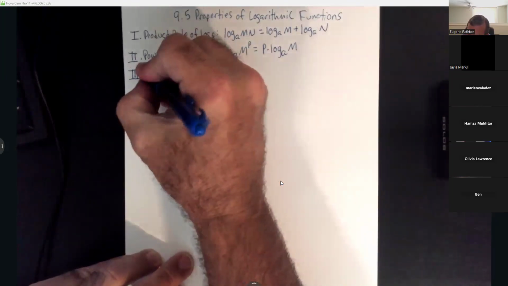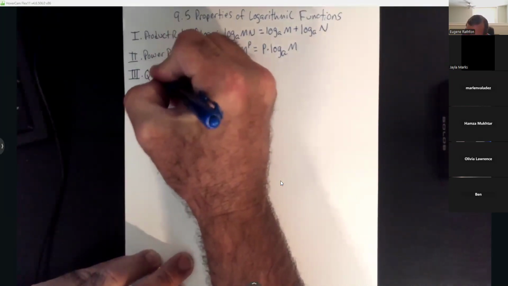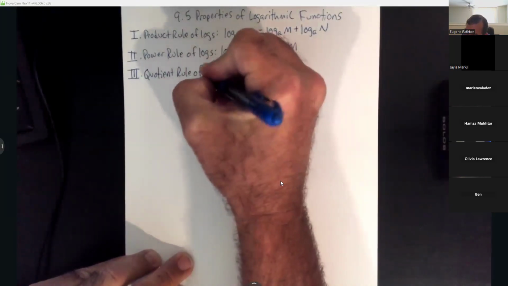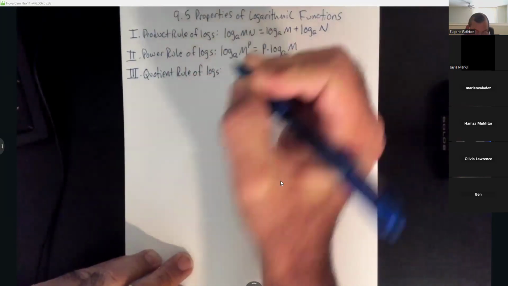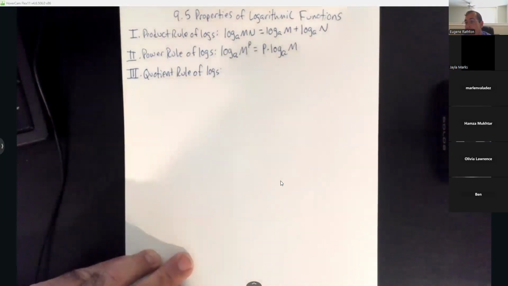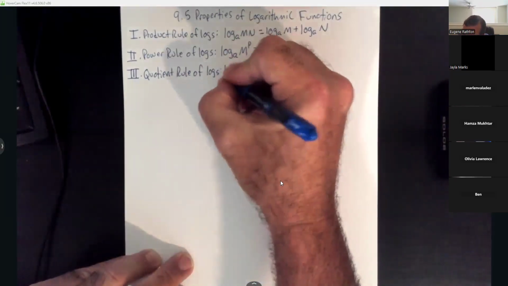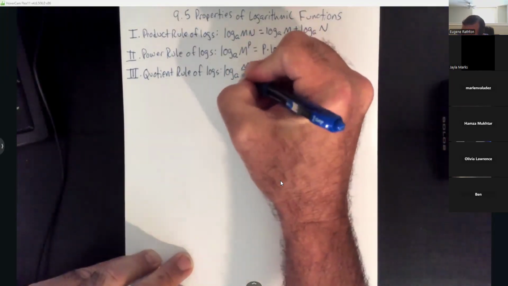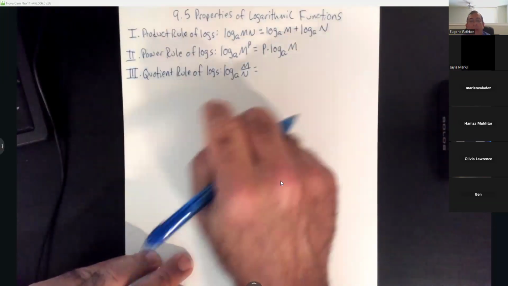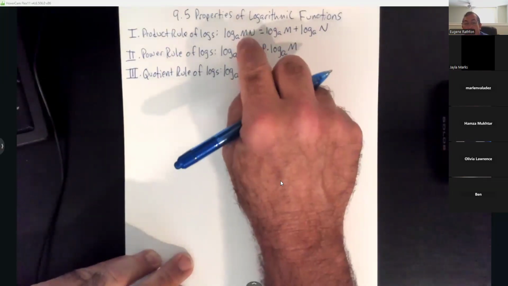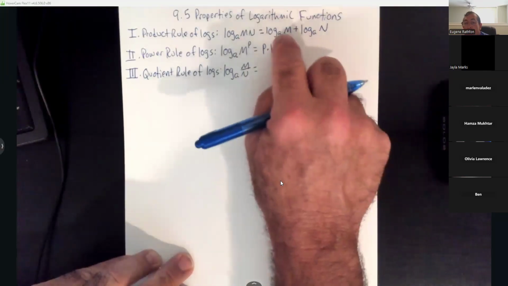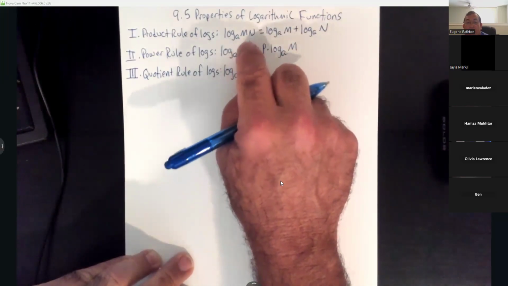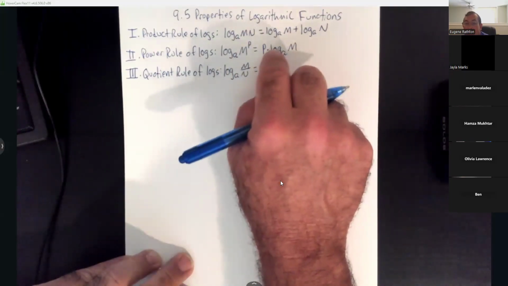All right, the next one is the quotient rule of logs. So this is what I do if I got division going on. So I got a log base A of M divided by N. And these sort of follow exponent rules. Like when you're multiplying variables, you add the exponents. When you got an exponent raised to an exponent, you multiply the exponents.